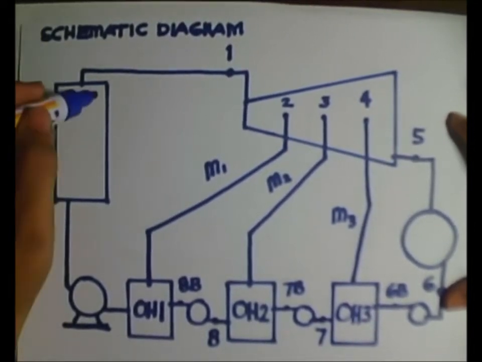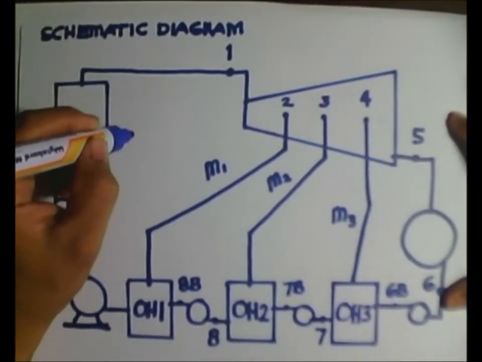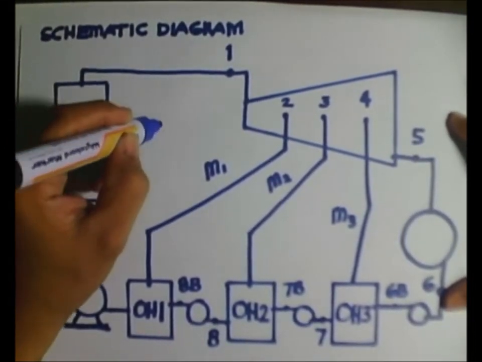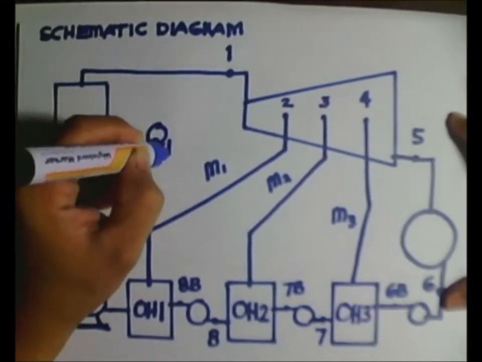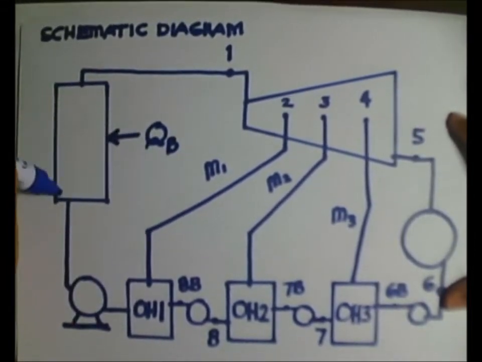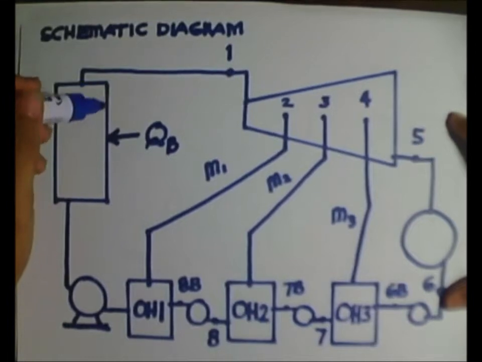So here on the boiler we have the heat added to the boiler. That's the QB, which we are going to solve to calculate later.